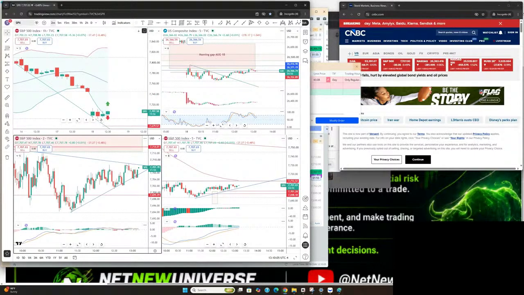See how strong the move is on the SPX. That even gave us a gap up. This one.